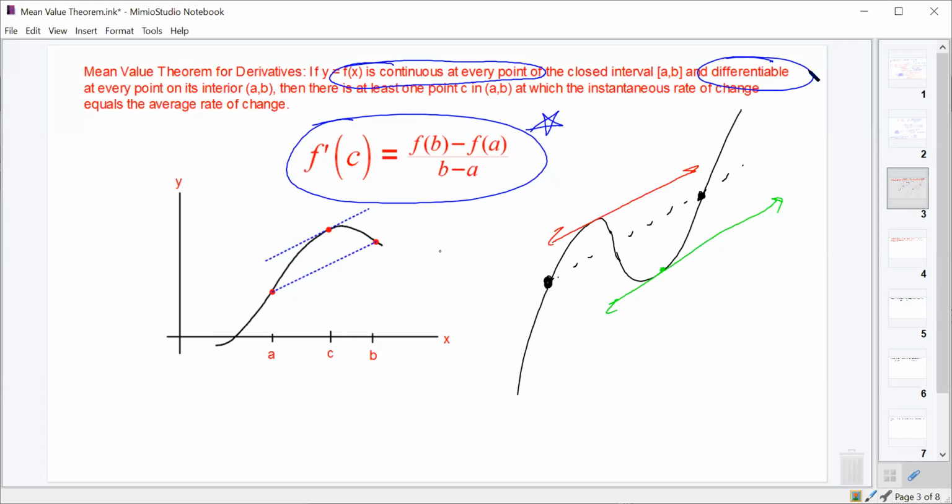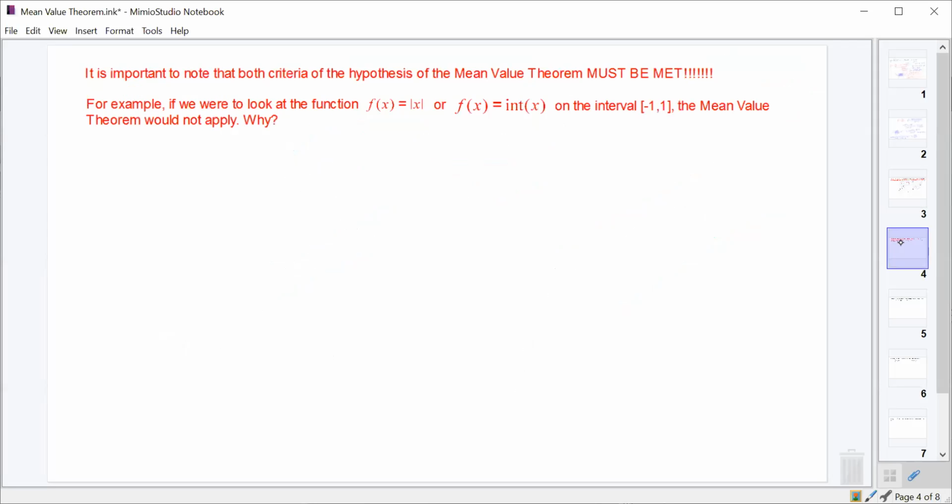If it's not, the mean value theorem doesn't apply. And they like to sometimes ask you to use the mean value theorem for something in which it hasn't met those hypotheses. And then you will have to say the mean value theorem doesn't apply because it's not continuous or because it's not differentiable on that interval. So make sure you check that it is continuous on the closed interval from A to B and differentiable on the open interval from A to B.